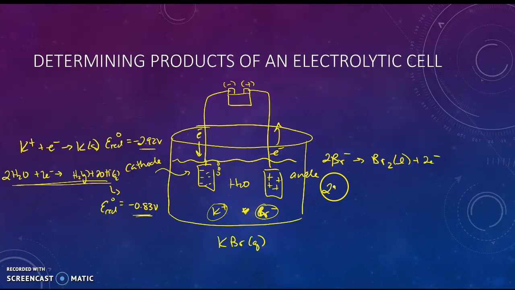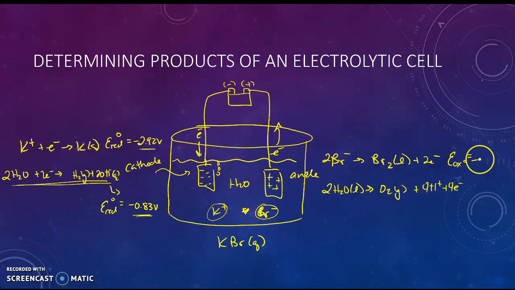When water gets oxidized, it follows this reaction: water will be oxidized to oxygen gas plus H+ ions. If you look at the reduction potentials of these reactions and reverse them, you will get the oxidation potential.